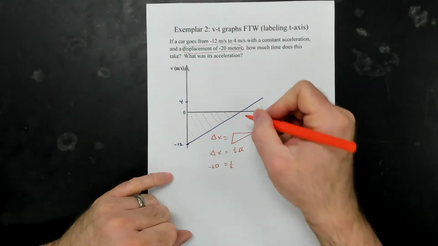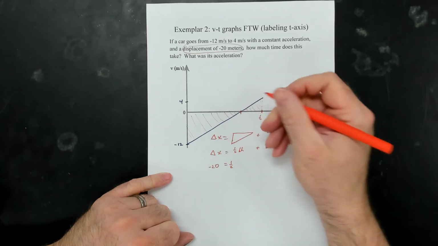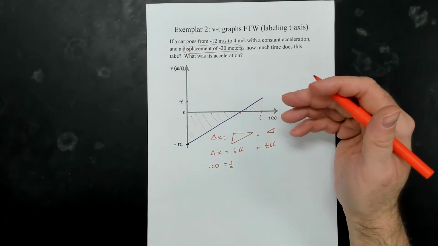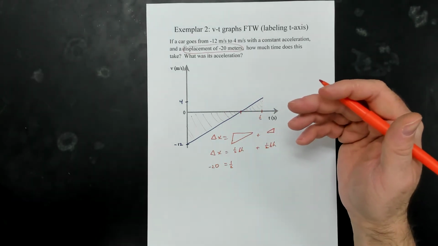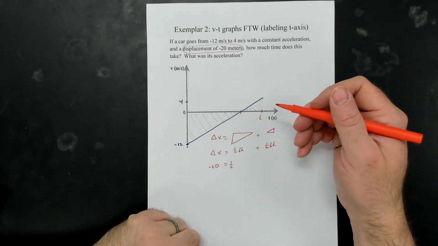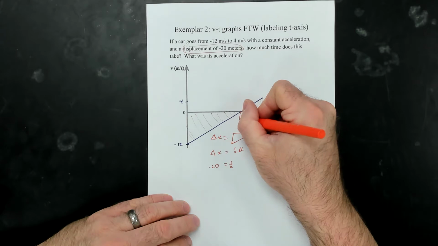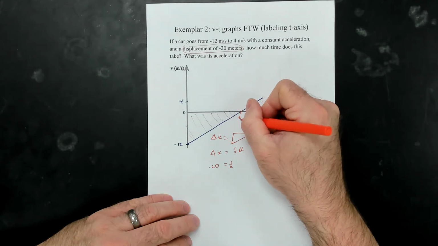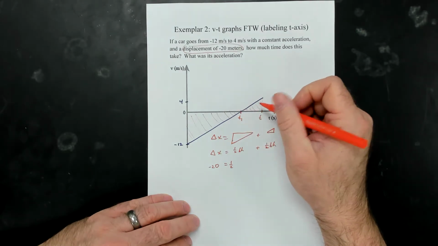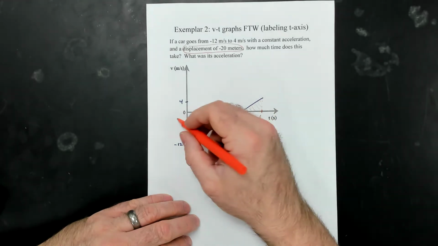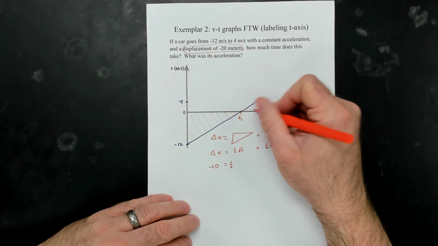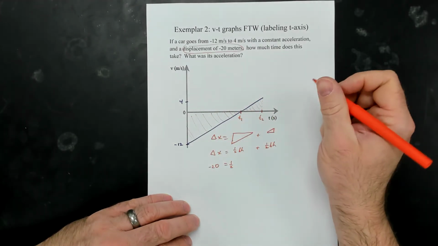So I might just give this time here a name, okay? Don't just say, oh, I don't know it. We got to assign a variable to it, so then we have something to help us solve. So I'm going to call the time to here T1, and then I'll call the total time to here, this coordinate on this axis, T2.